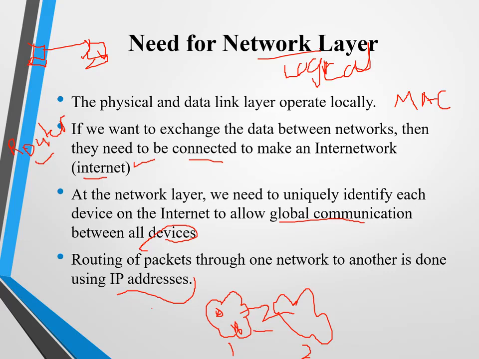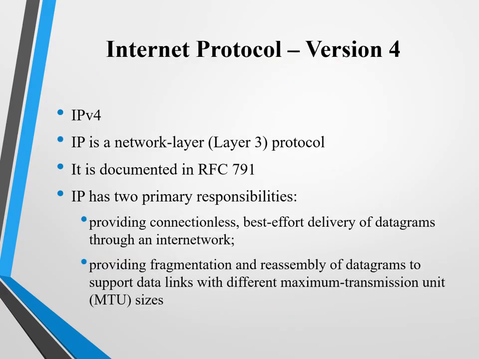Students, today we will study a little bit about IP version 4. What is IP version 4? It is a network layer, layer 3 protocol, which is documented in RFC 791. Students, RFC 791 is the internet protocol which was published in 1981, and it is the IP version 4 protocol.